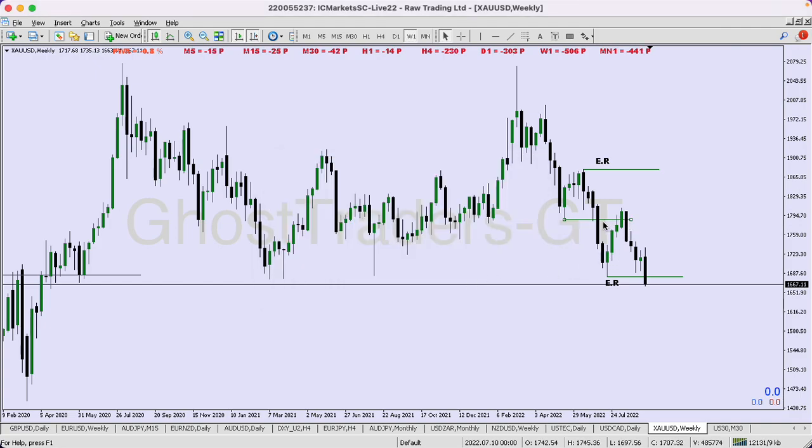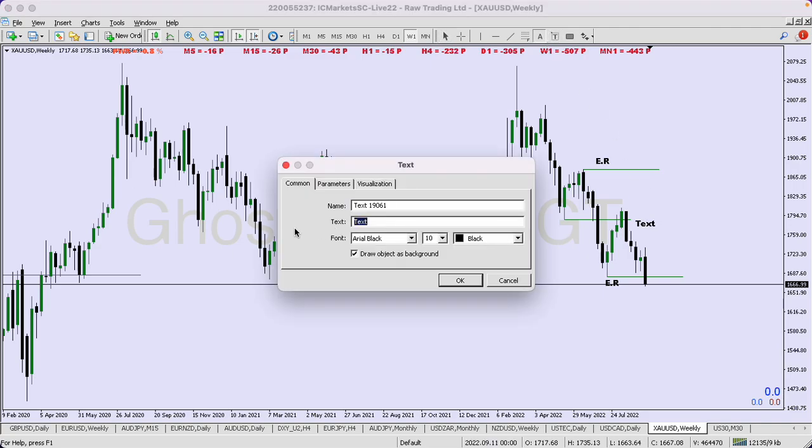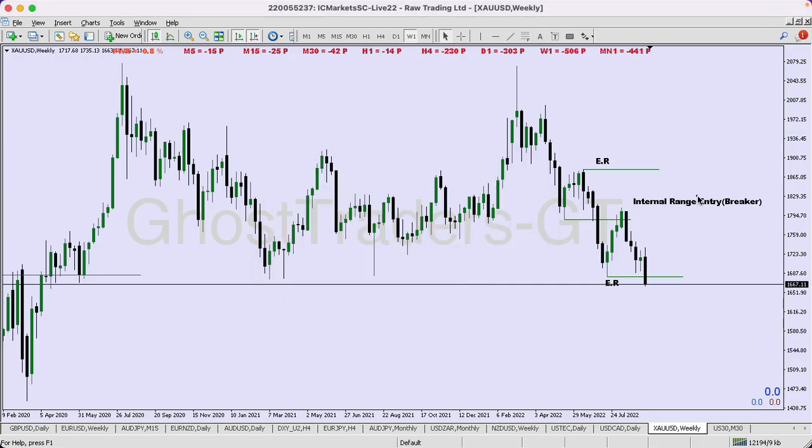This is going to be your internal range entry, which in this case is a breaker.